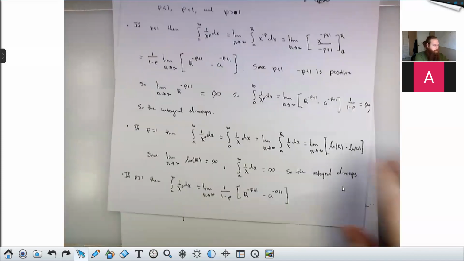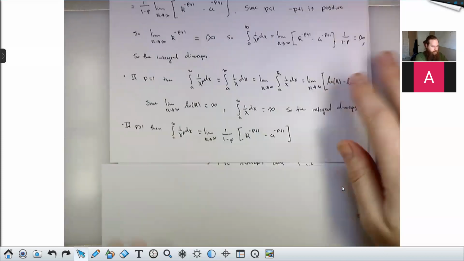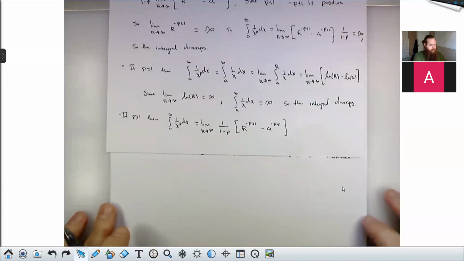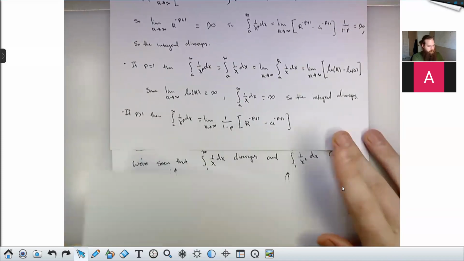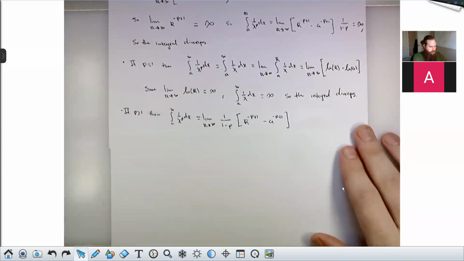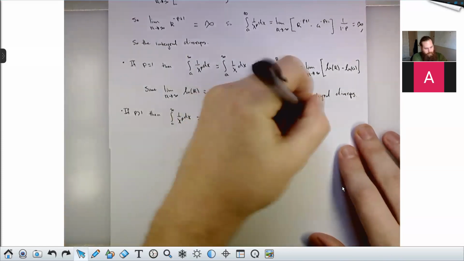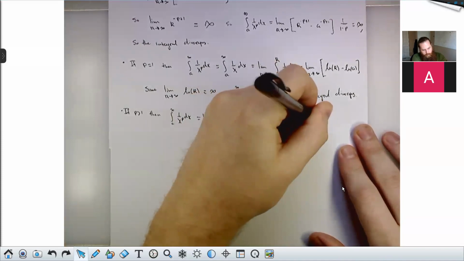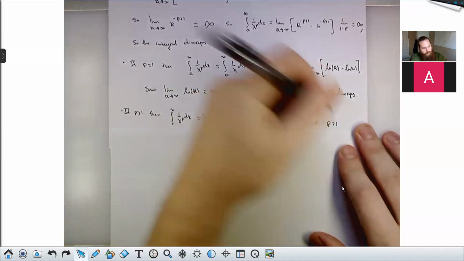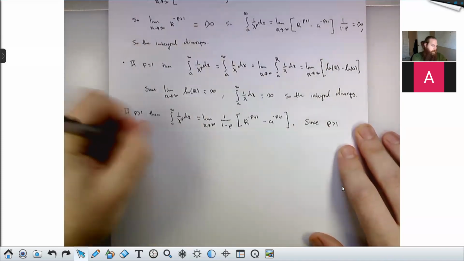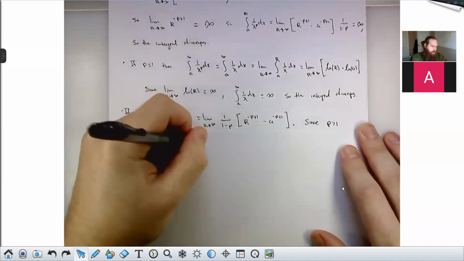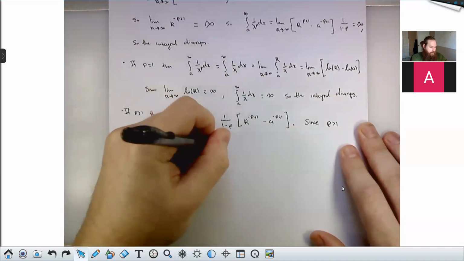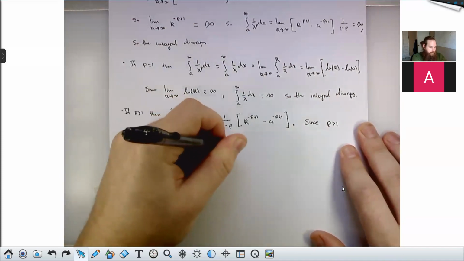The difference here is that now, since p is bigger than 1, the power negative p plus 1 is negative, right?